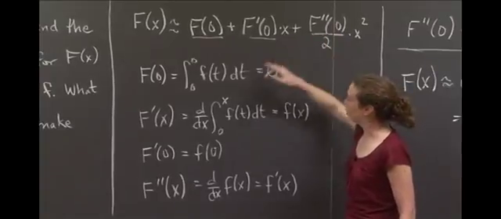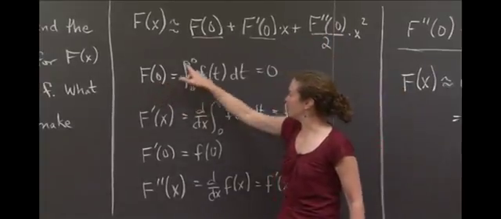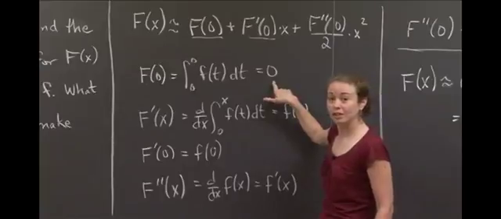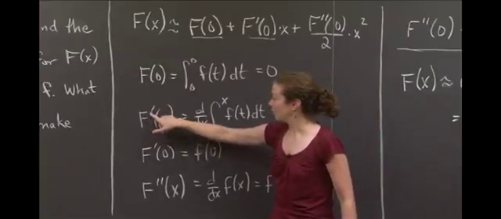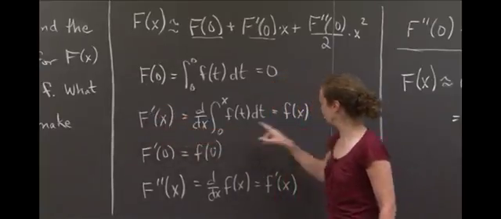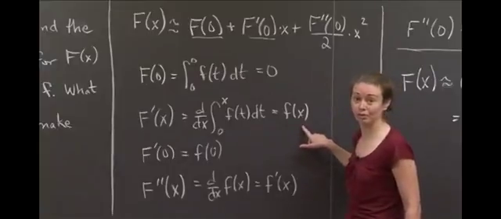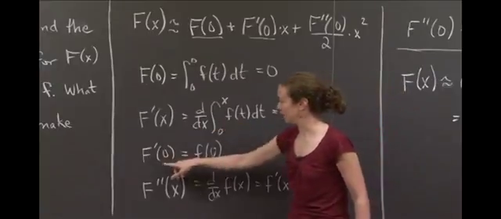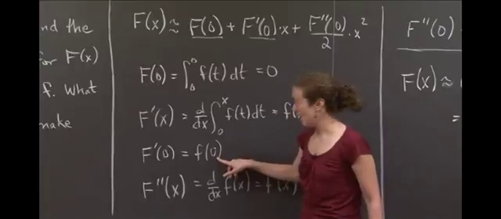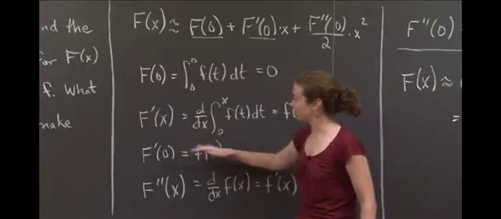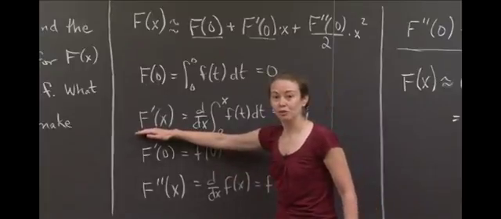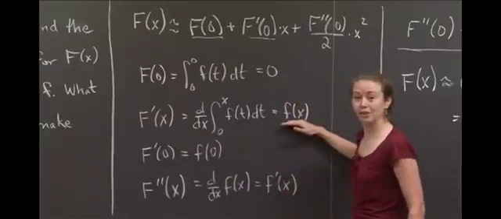And so what do we look at? Well, we evaluate F of 0. That's easy enough. We found big F prime in terms of little f. That's fundamental theorem of calculus. And then we evaluate that at x equals 0. And then we know that if we want to take a second derivative of this function, we need to take a derivative of the little f.